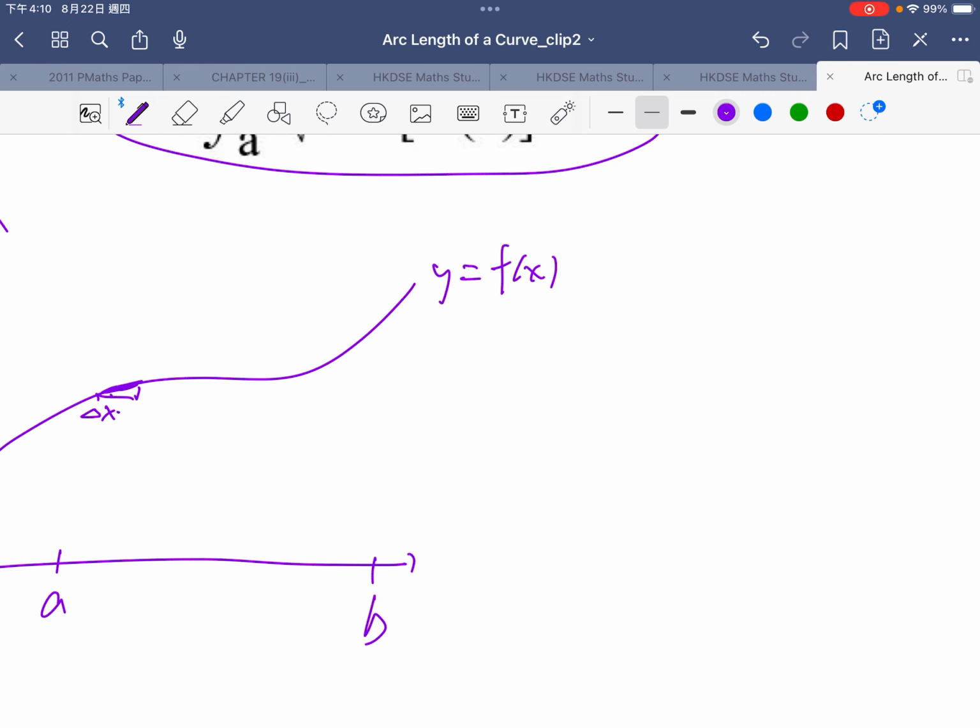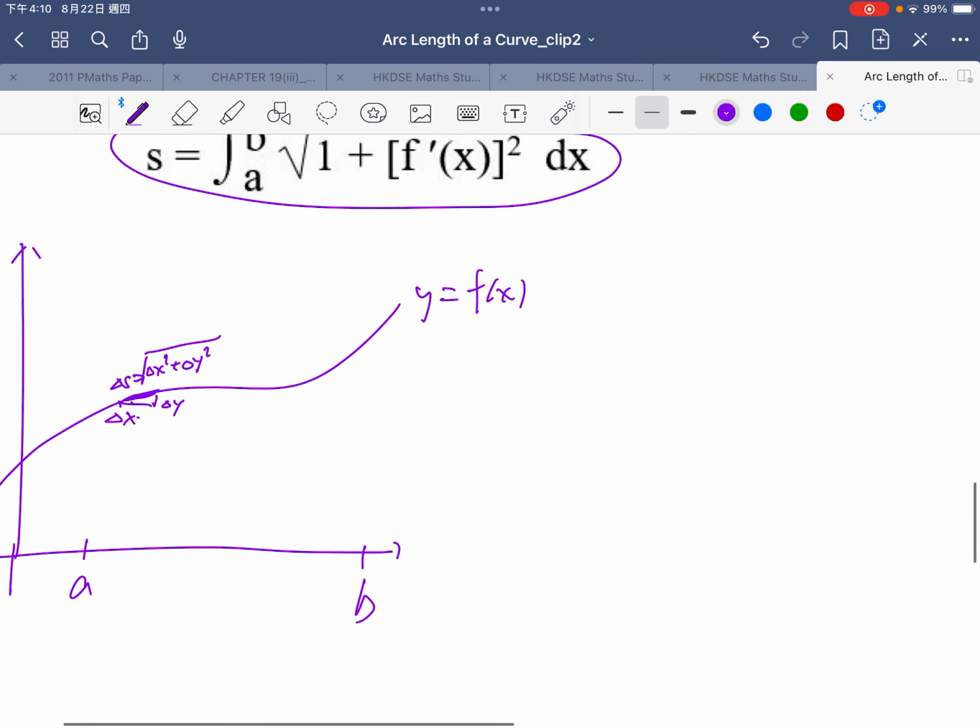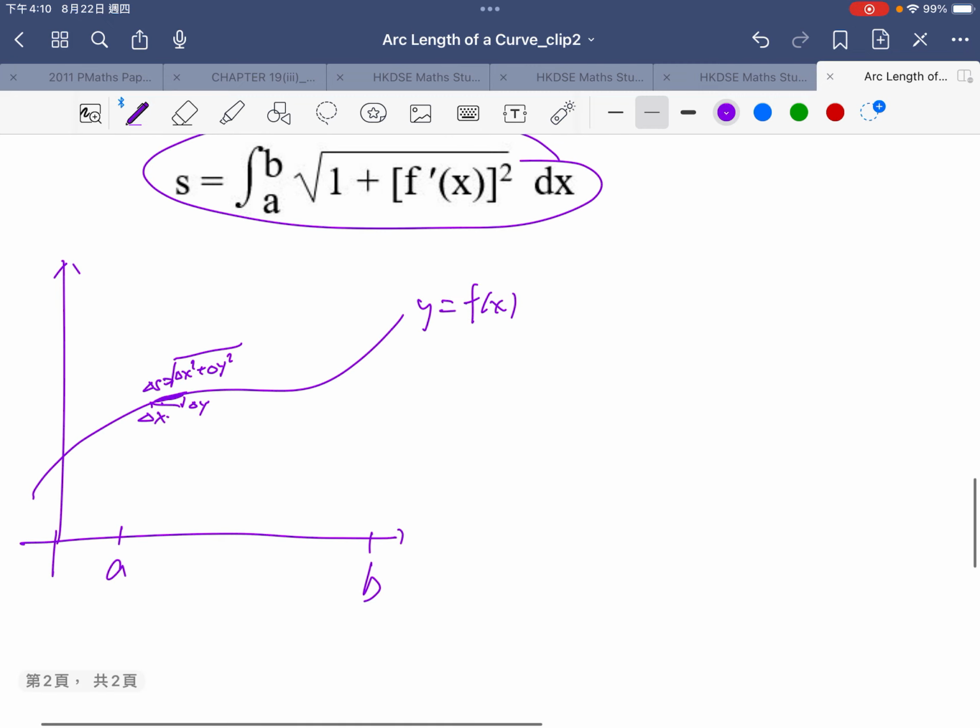This is delta x, this is delta y, and delta s squared is equal to delta x squared plus delta y squared by the Pythagorean theorem. Finally, we sum up all the small pieces of arc length to get the final arc length of the curve over the interval from A to B.